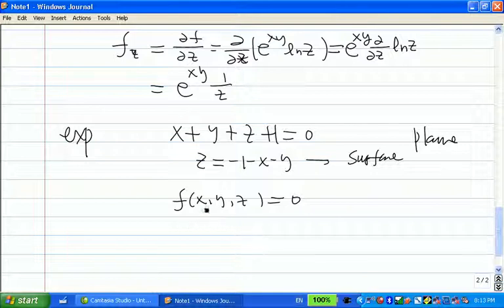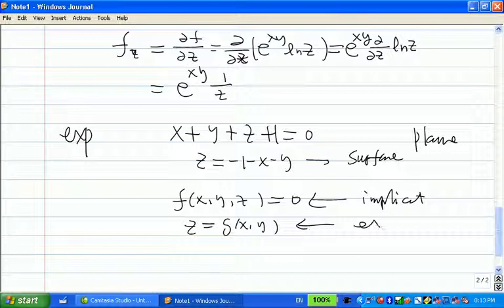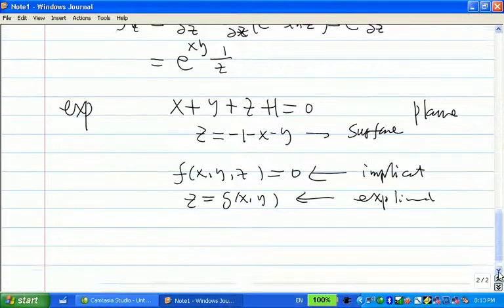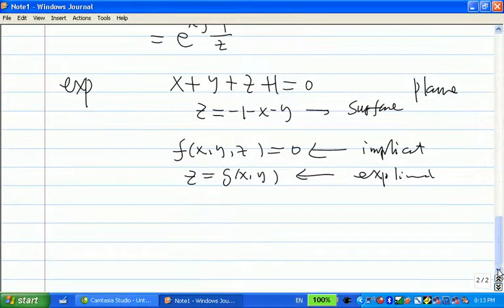Think about that. You can solve for z equal to g of x and y. So we call this kind of function implicit, and this one explicit, but they're the same thing. If I give you the function as an implicit function, how do you find its derivative?